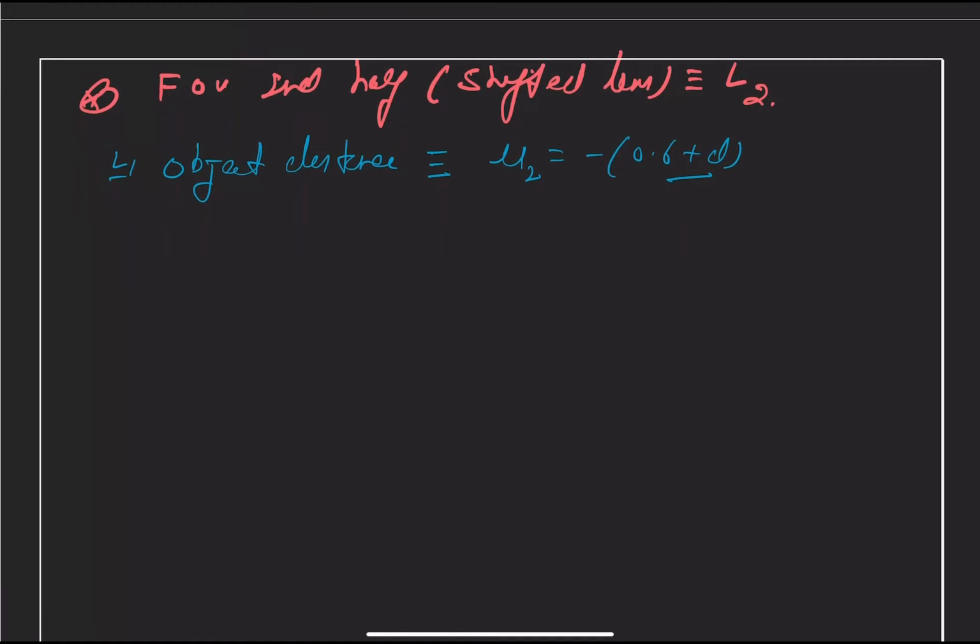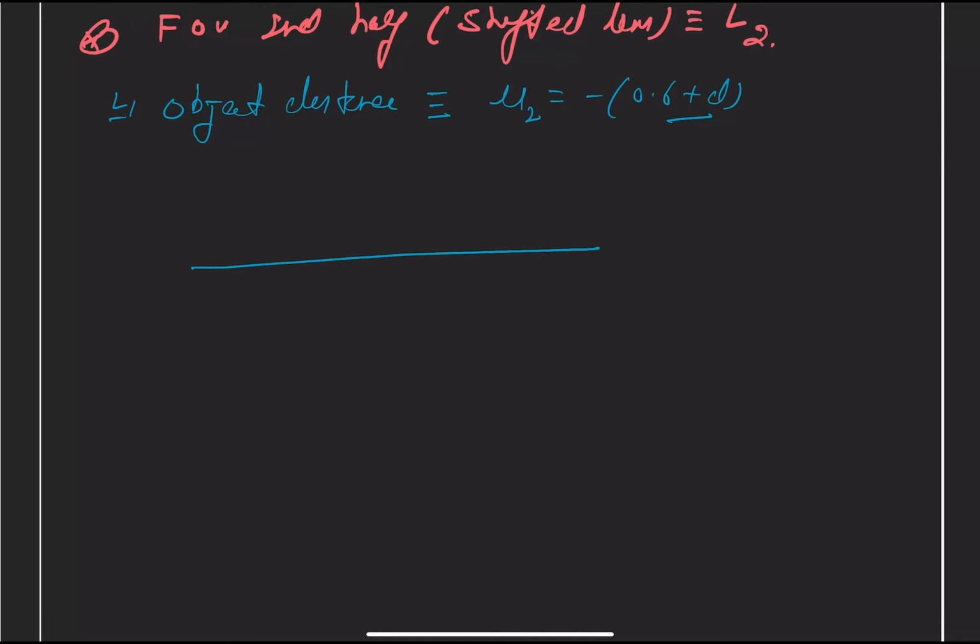So we can draw for this approximate here, and this is our object, that is our AB, and we have the lens, and this is our second lens.